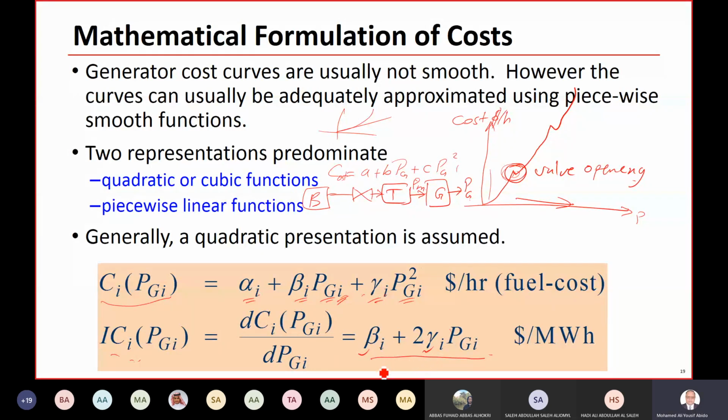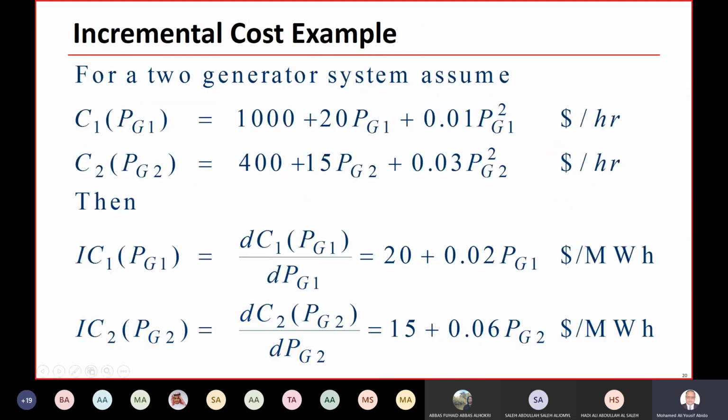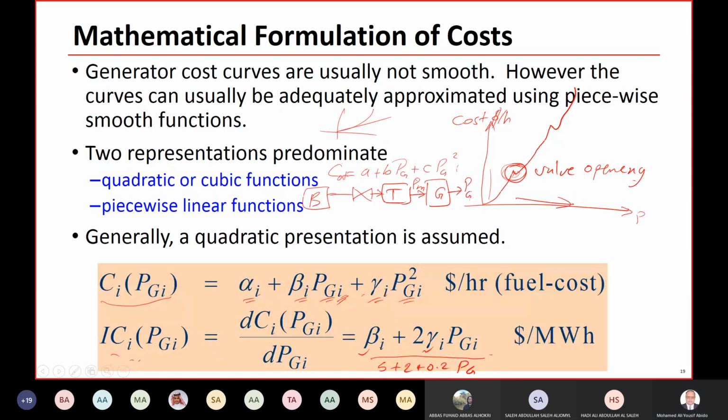For example, 5 plus 2 times 0.2 times PG. If you need to generate one more megawatt, how much cost will you pay?